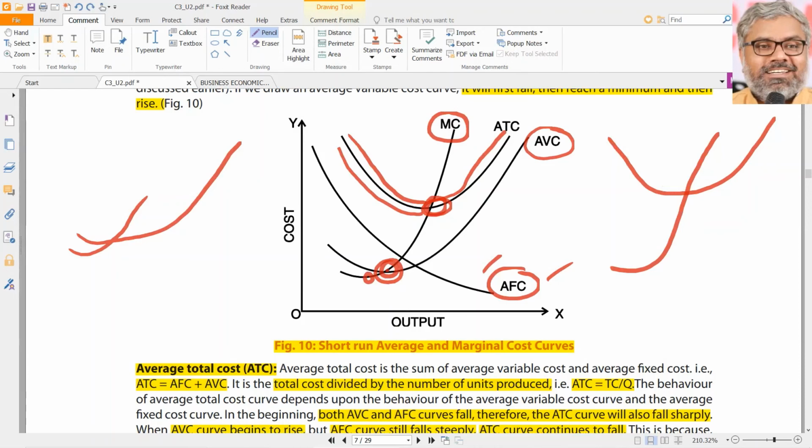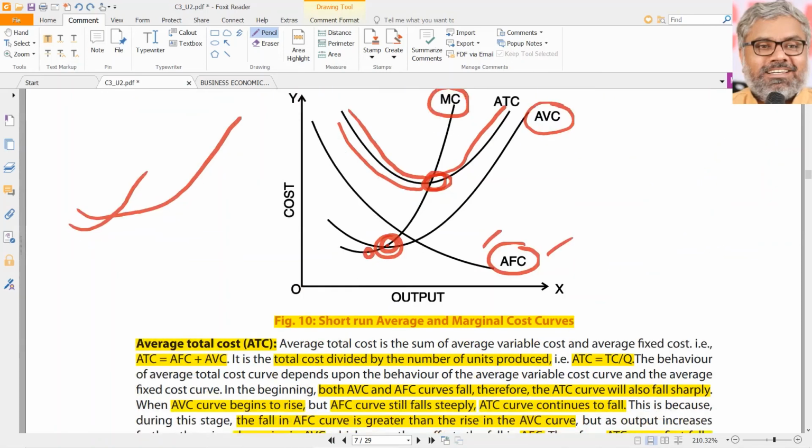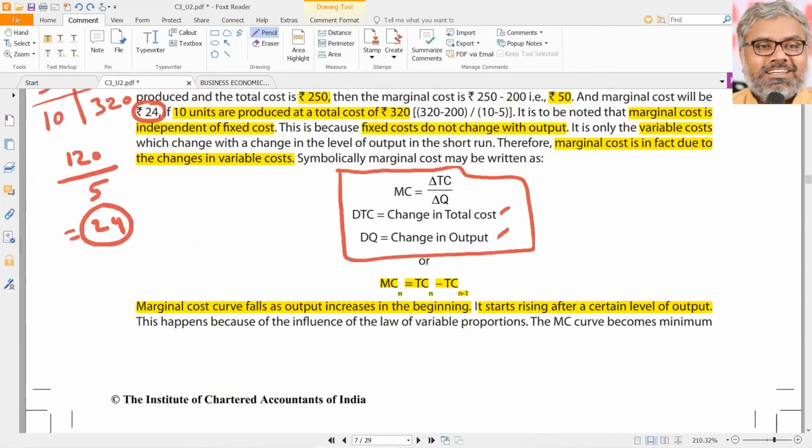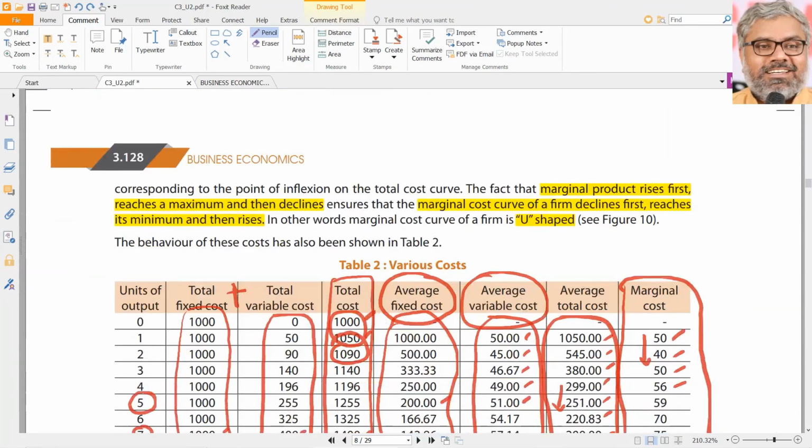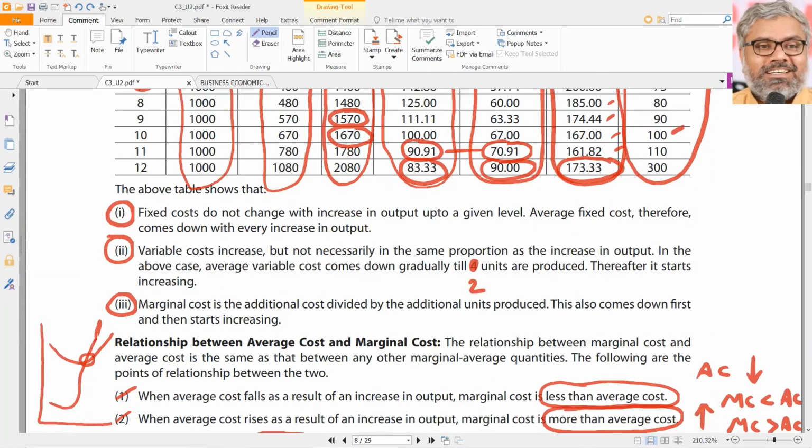Once the average total cost started rising, then the marginal cost became above the average total cost, and the marginal cost is cutting the average total cost at its minimum point. That's the relationship between marginal cost and average cost. When we say average cost here, we are talking about average total cost.